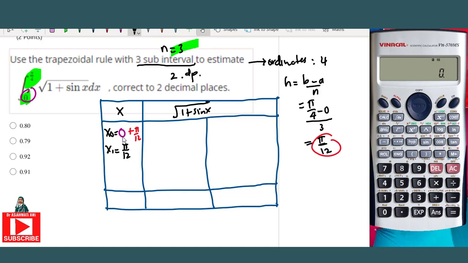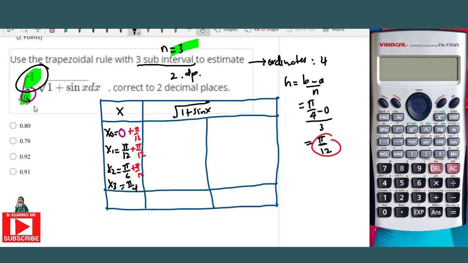We have 4 ordinates. So 1, 2, 3 ordinates. And then the next step is plus pi over 12, which is equal to pi over 6. Pi over 12 plus pi over 12 is pi over 6. The next ordinate is plus pi over 12, then the fourth ordinate is pi over 4, the last one, b.